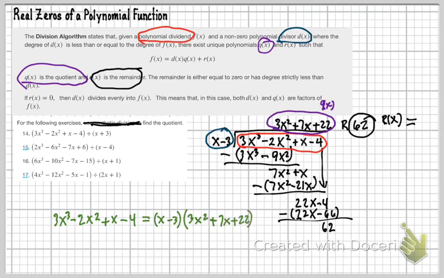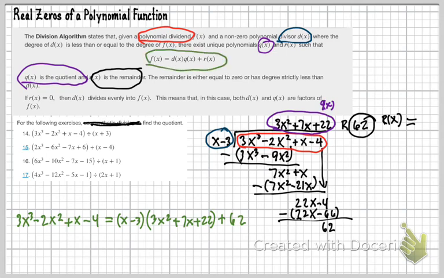And then we had our remainder, plus 62. So that would be the setup if we wrote it out as the division algorithm here. So this would be my f(x), there's my equals, my d(x) is that there, my q(x) is this piece here, and then plus my r(x). So there's our setup for all of it there.